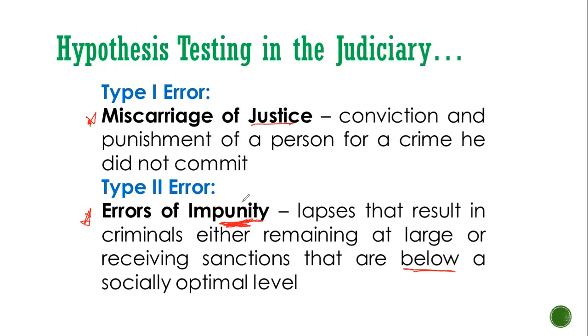Instead na death penalty ang dapat sa crime mo, hindi sila makahanap ng evidence para makonvict ka. Anong nangyari? Imbes na death penalty, siguro community service na lang. Or nag-serve ka na lang ng 20 years in prison. Ganon. So that's type 2 error, impunity. Type 1 error, miscarriage of justice. With respect to, of course, judiciary. Yan.